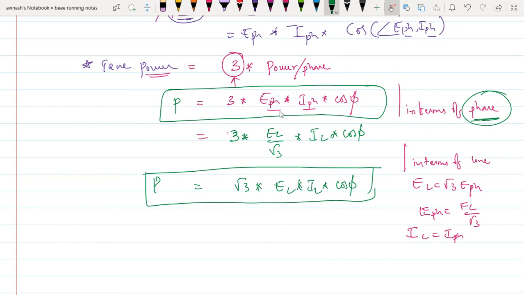You can see there is no line here. The line formula is used when everything is given in terms of line. This is the power in terms of phase. Okay, hope you understand this point.